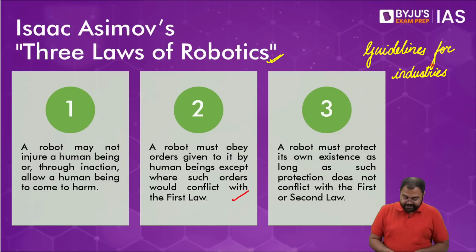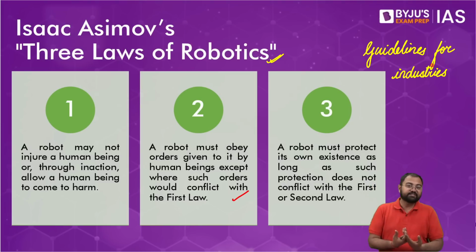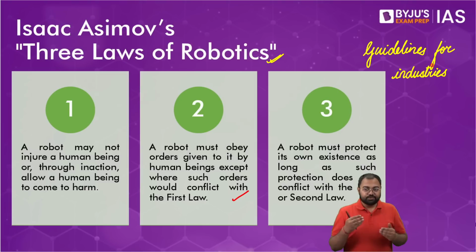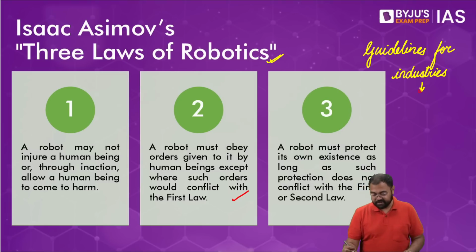Now, these guidelines became very important and very popular, because they were something the manufacturers and even the programmers were following. Programmers will make sure that they follow all these three laws, so that they can ensure the safety of robots.